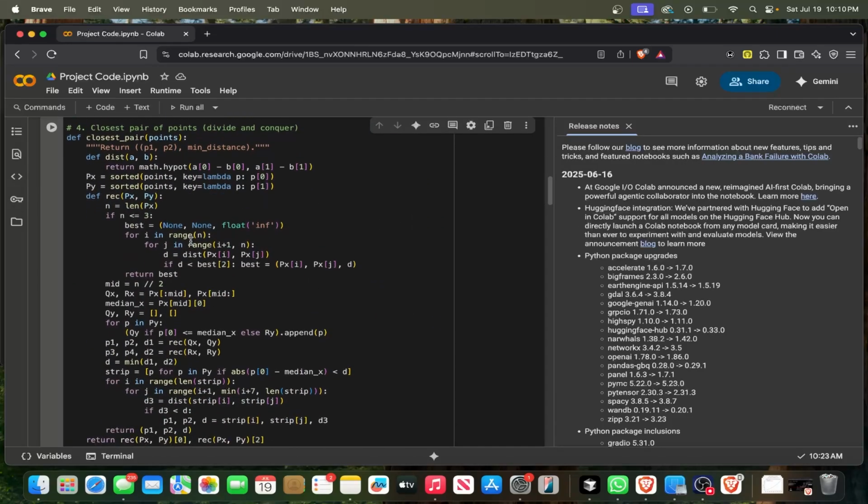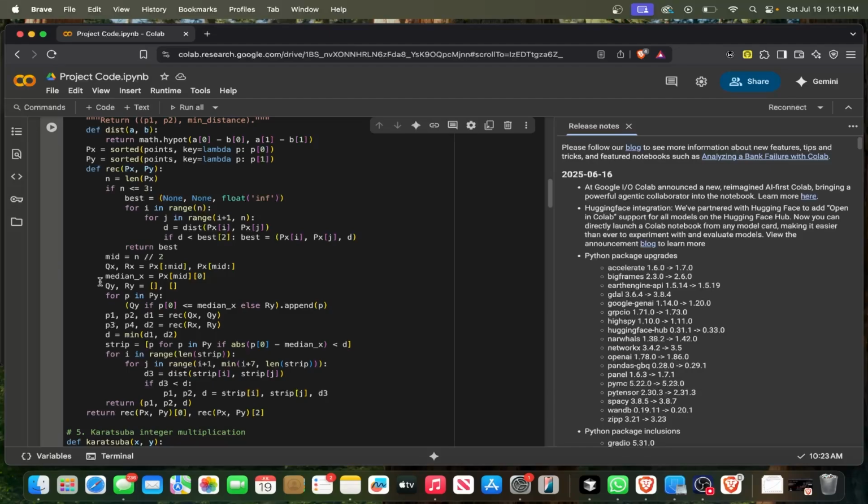In this method, we sort the points by x coordinate and by y coordinate using a merge sort, and then we recursively split Px and Py at the midpoint, solving for each half. Then we compute the smaller of the two distances using distance 1 and distance 2.